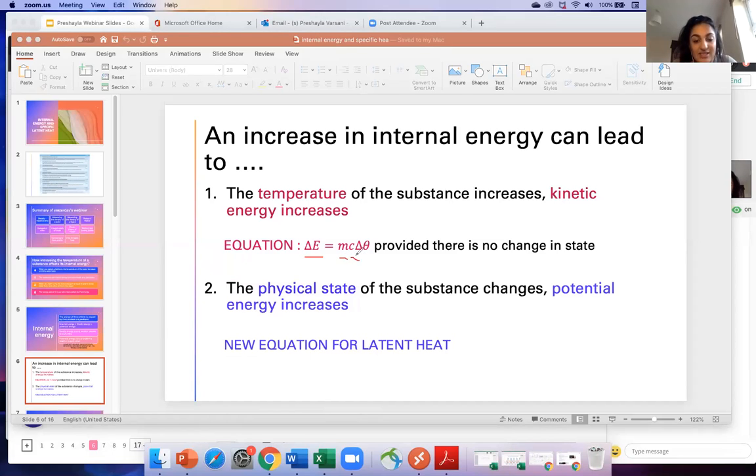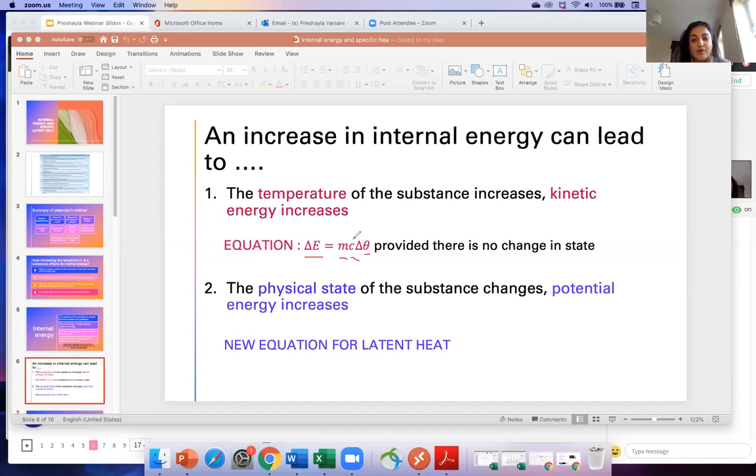C is this new concept called specific heat capacity, which is a value that tells us how much energy is needed to raise 1 kilogram of the substance by 1 degree. And delta theta is change in temperature. Remember, delta is this triangle, and the triangle means change in. So change in energy equals mass times specific heat capacity times change in temperature.